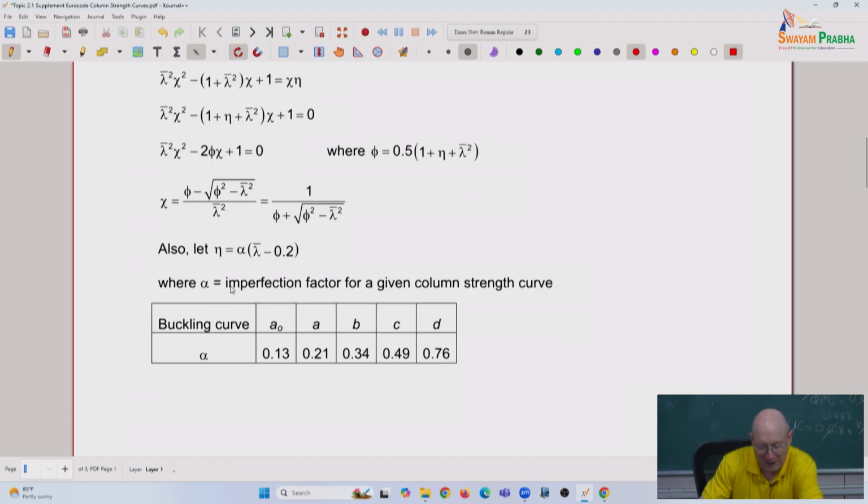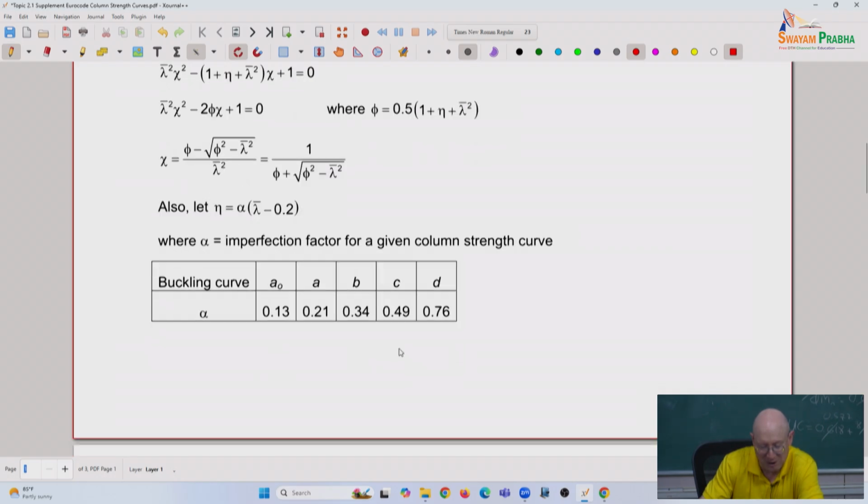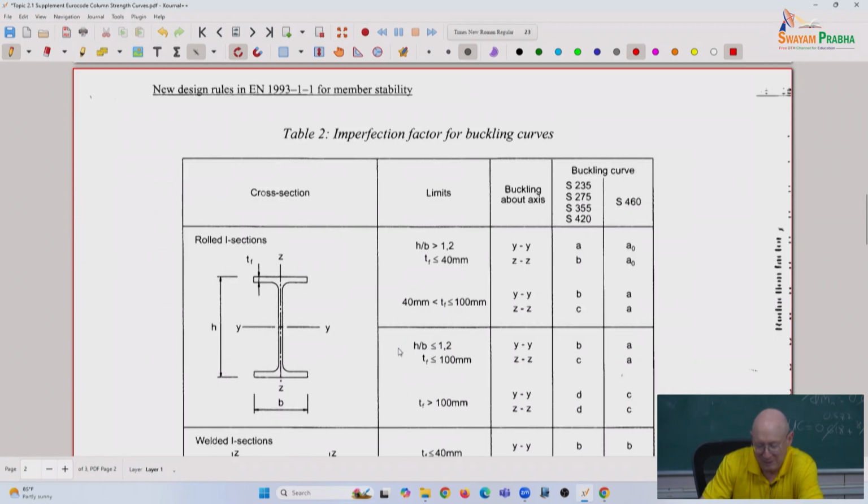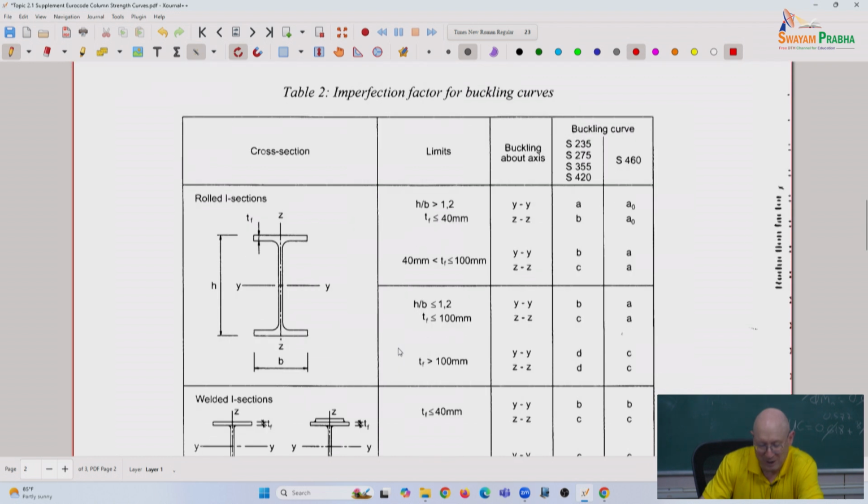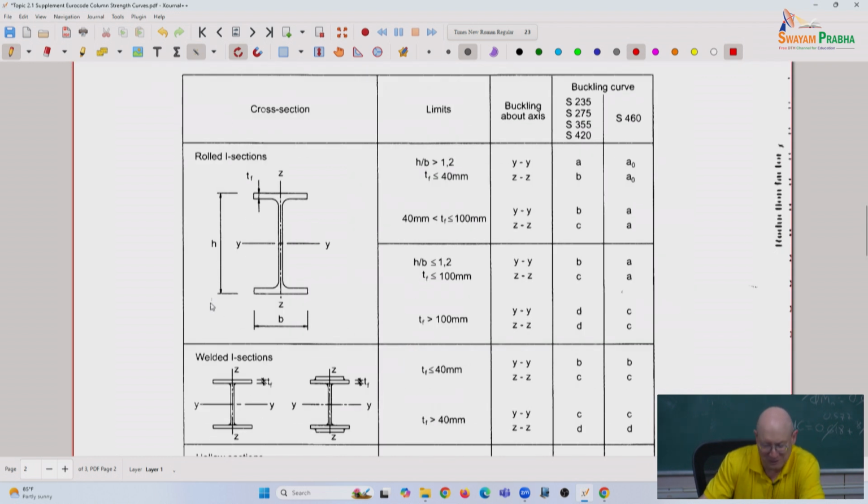And alpha in this term is what we call our imperfection factor, and we use different imperfection factors to get different column strength curves. This is, I believe, an ECCS recommendation of which curves we should use for different cases.